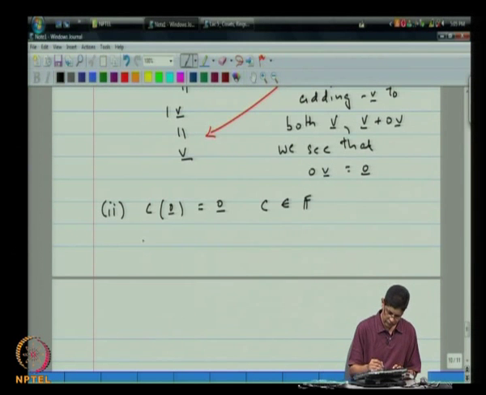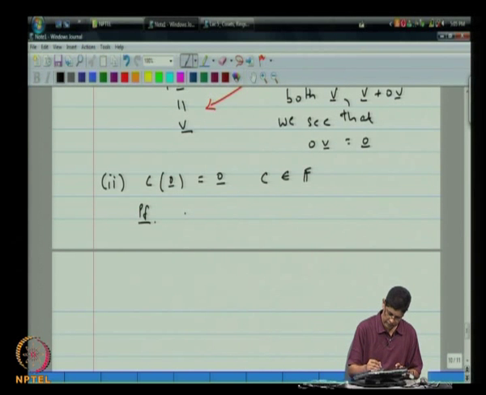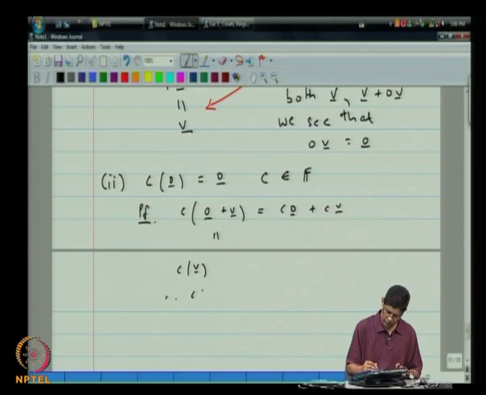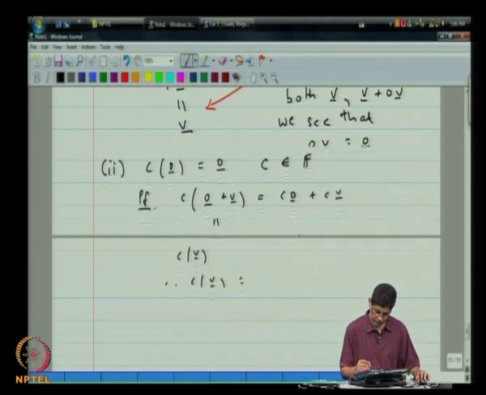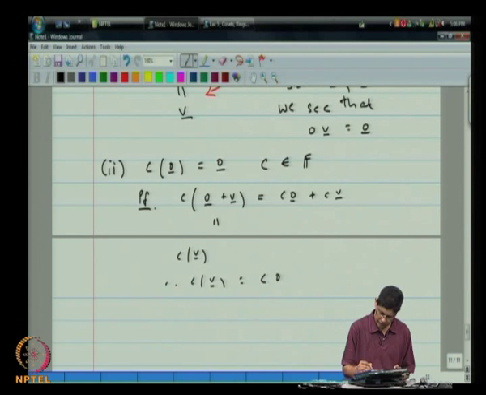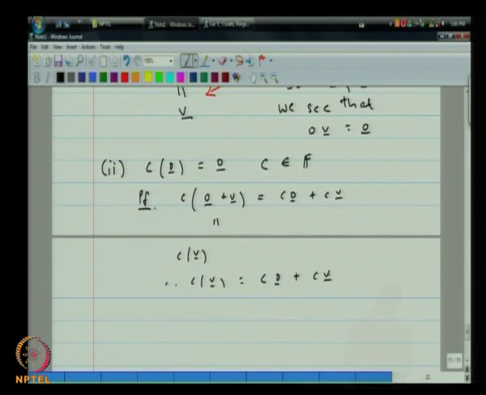Okay. So, how do you prove that? C times 0 plus V is on the one hand C times 0 plus C times V, on the other hand that is C times V. Therefore, C V is C 0 plus C V.